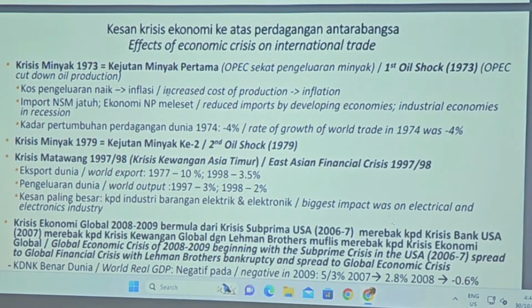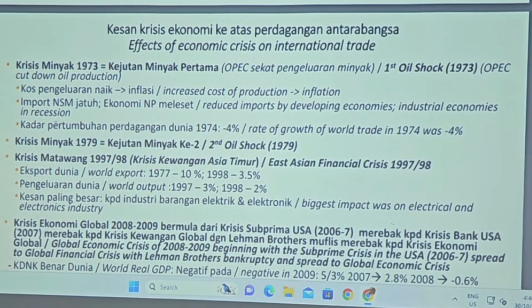Developed countries especially needed oil to run the factories. So that led into inflation and reduced imports by developing countries, industrial economies in recession, rate of growth minus 4%. World trade minus 4%.